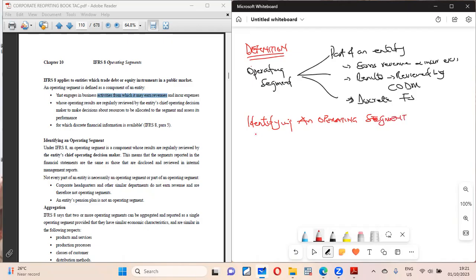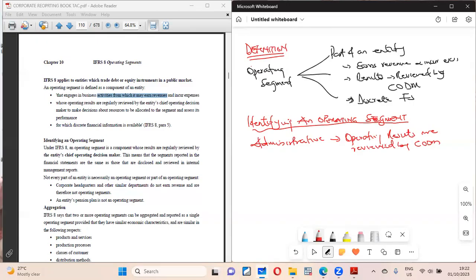The administrative one is the one that we have done. Their operating results are reviewed by the CODM. So that is a way you can identify an operating segment.